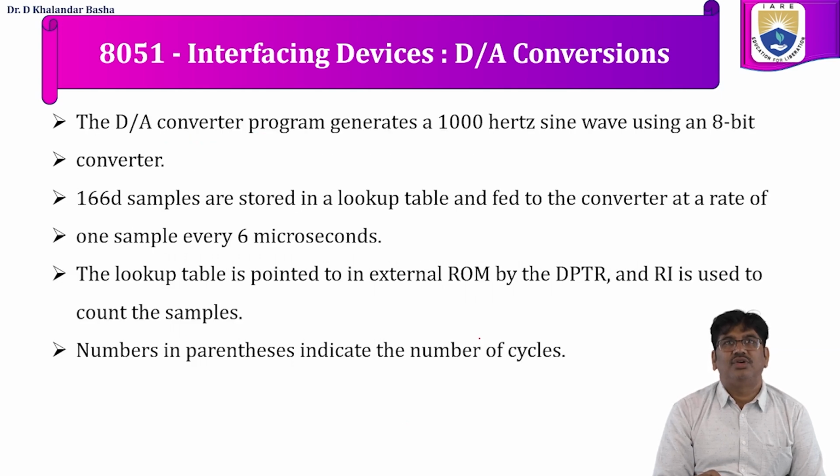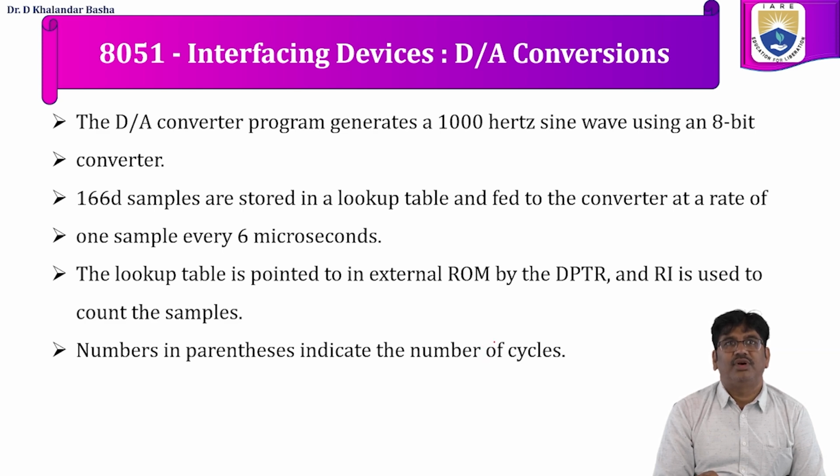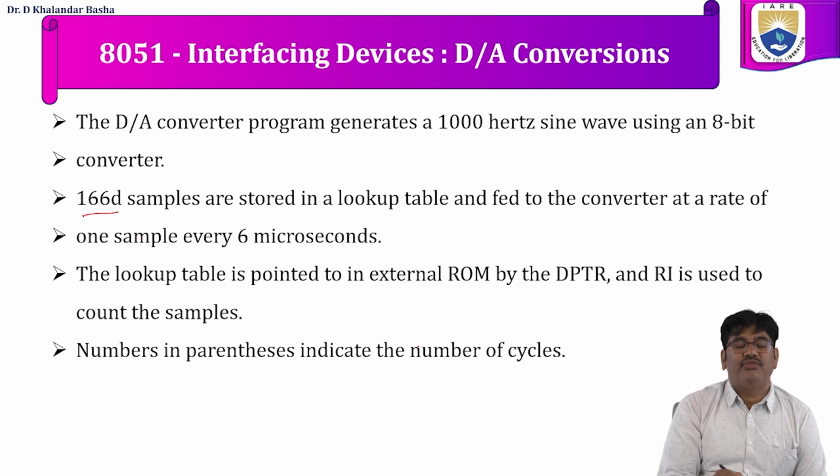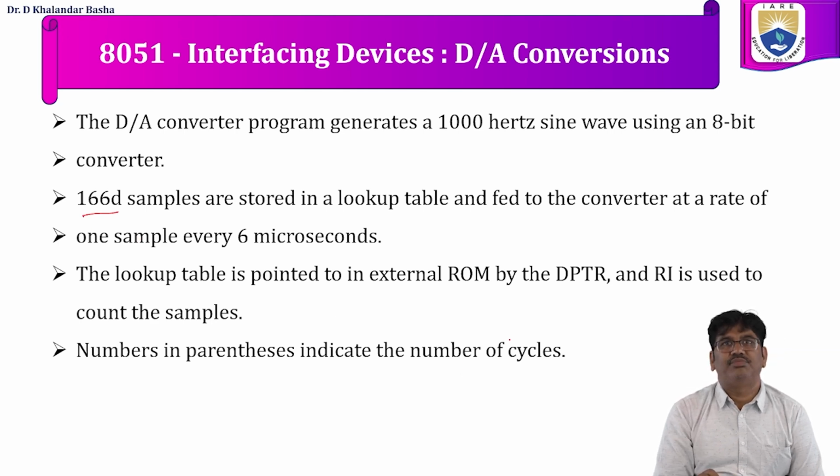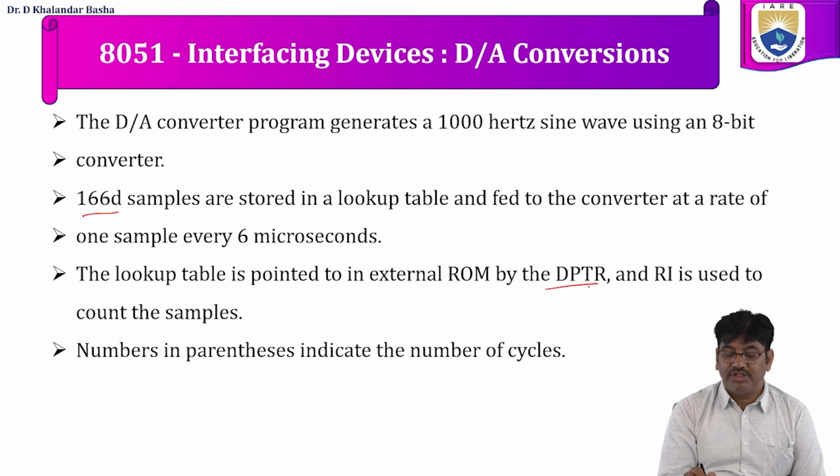So the digital to analog converter program generates a 100 Hz sine wave using an 8-bit converter. Here the 166 decimal samples are stored in a lookup table and fed to the converter at a rate of 1 sample for every 6 microseconds. The lookup table is in the external ROM, which is pointed to by DPTR, and R1 is used to count the samples.